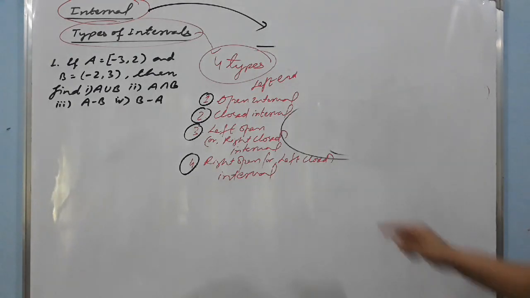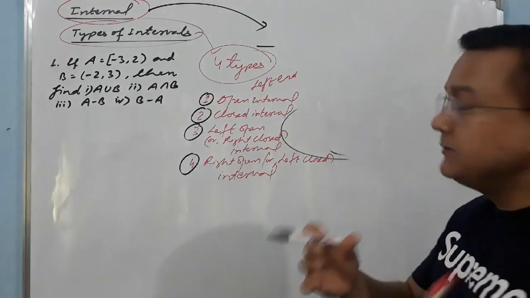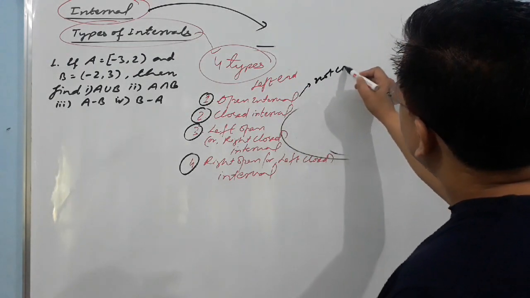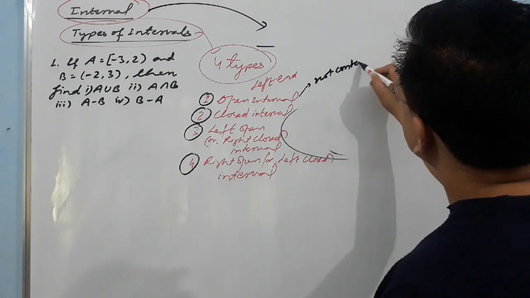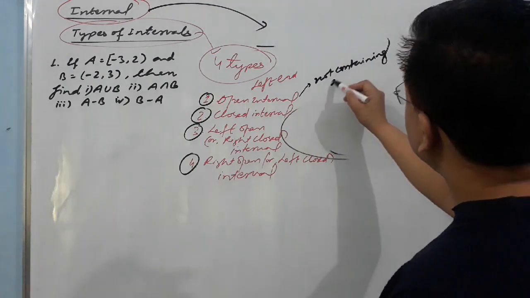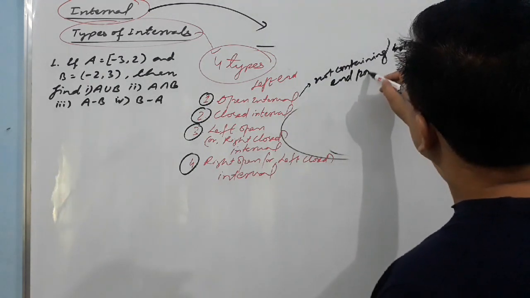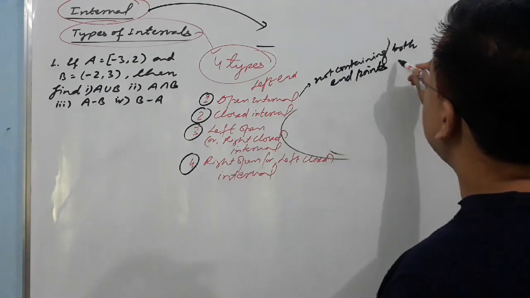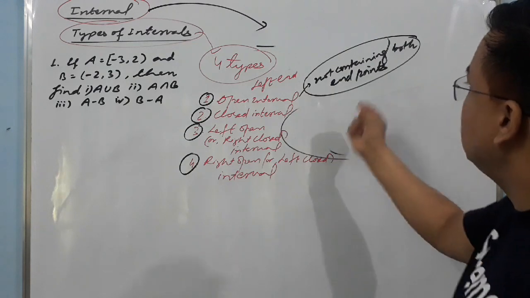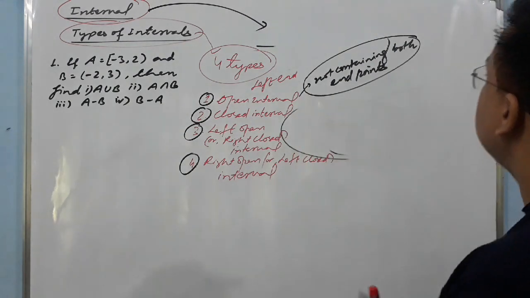Firstly, let's move to the open interval. According to the definition, an interval not containing both endpoints is called an open interval.